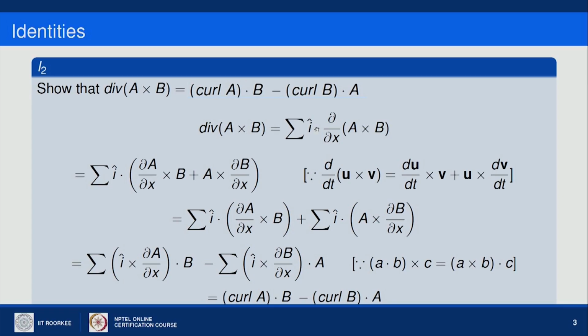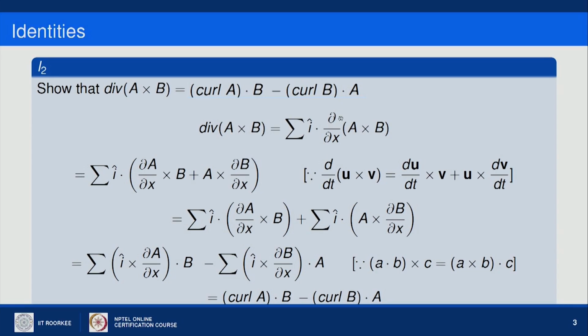If I take the dot product with the i component, I will get i dot del by del x of A cross B, and similarly we can extend it to the j and k components, so it will become plus j dot del over del y of A cross B plus k dot product with del by del z of A cross B. So this is the short notation.